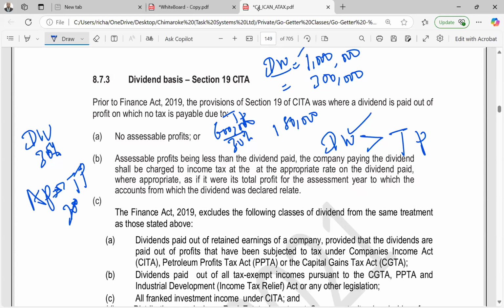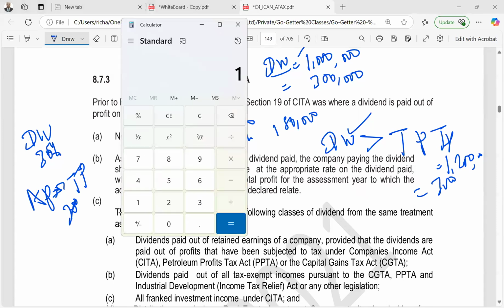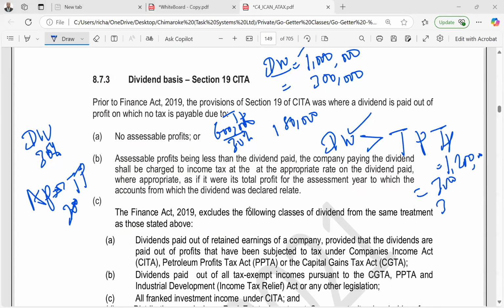But let's assume that your total profit happens to be 1.2 million and you now pay 30% on it. 1,200,000 times 30%, 360,000. Good.